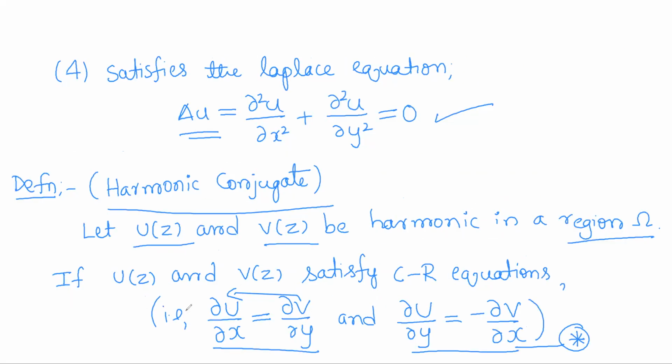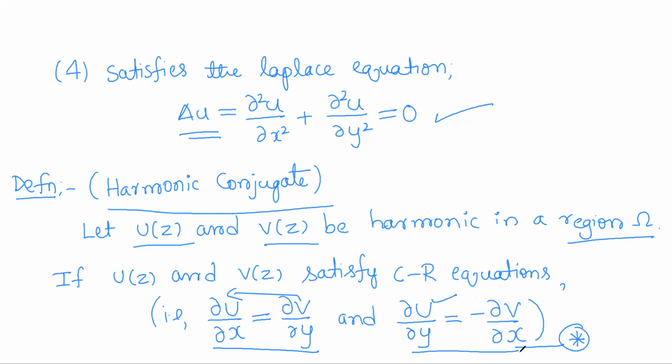So observe here we'll start from u. So ∂u/∂x is ∂v/∂y. Next, ∂u/∂y equals minus ∂v/∂x. So both the equations are started using function u.